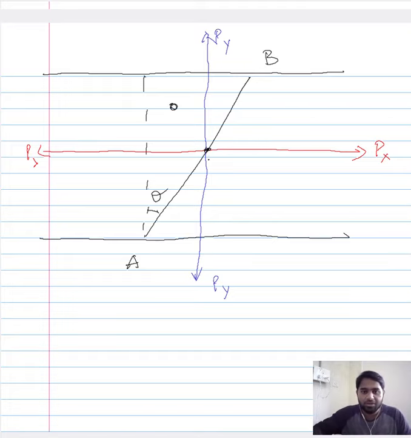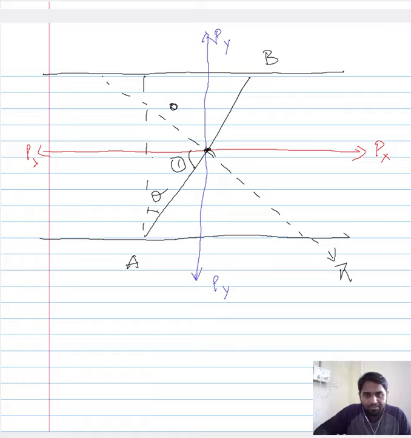Now let us assume the direction along which the normal stress with respect to AB is acting to be this. Let us assume this angle to be 1, and since this is 90 degrees, the angle 1 is equal to 90 minus theta.